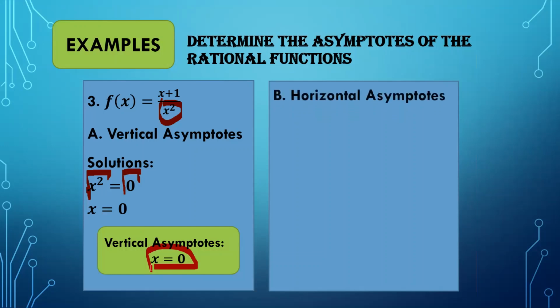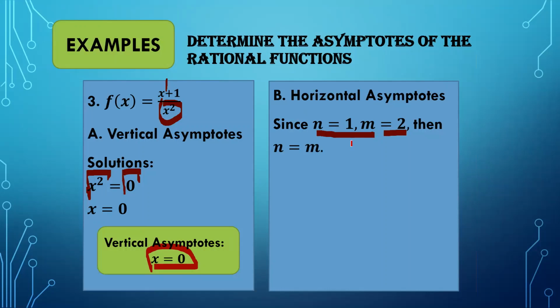Next, we have the horizontal asymptote. Again, n is equal to 1, the exponent of x in the numerator is 1. And the exponent of x in the denominator is 2. So therefore, n is equal to 1 and m is equal to 2.